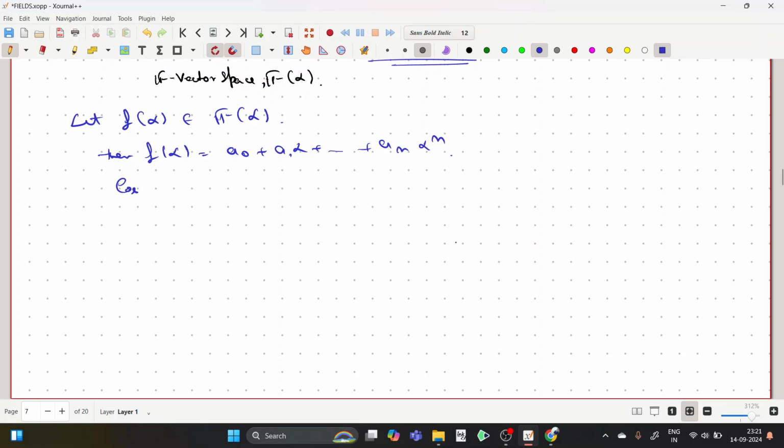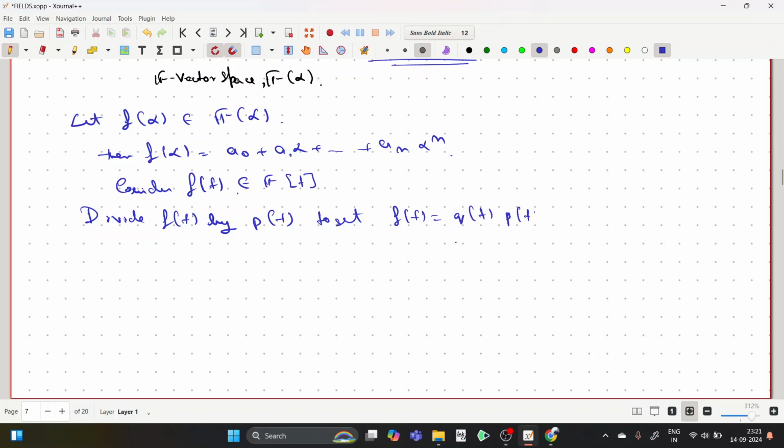Consider P(t), f(t), where t is an indeterminate. I guess now people can understand what I am trying to say. So consider f(t). Clear? Divide f(t) by P(t) to get f(t) to be some q(t) times P(t) plus r(t), where r(t) is the remainder of this division, and it obeys whatever properties it must obey in terms of division. I am not writing that anymore.